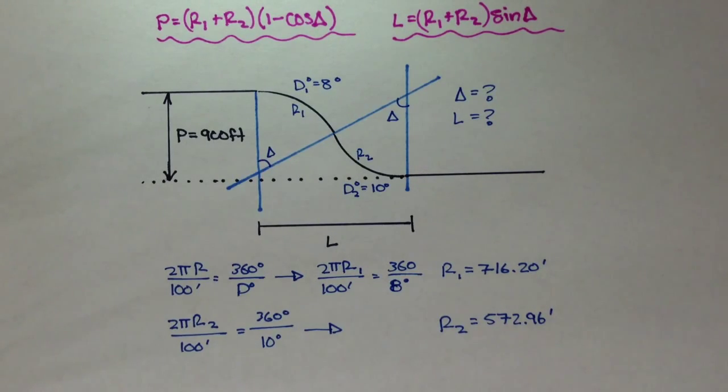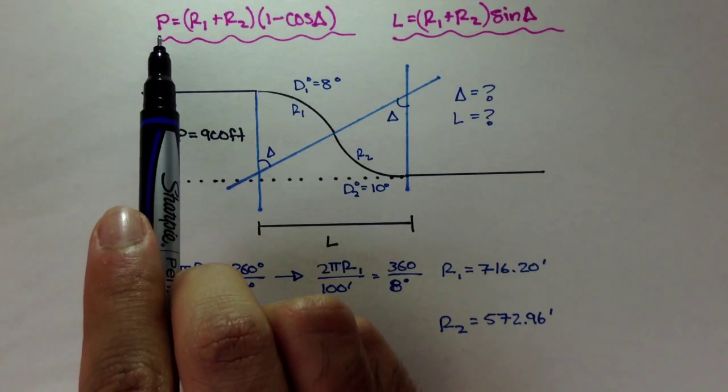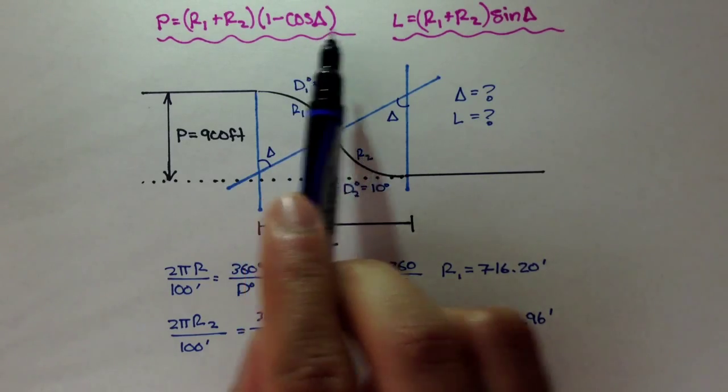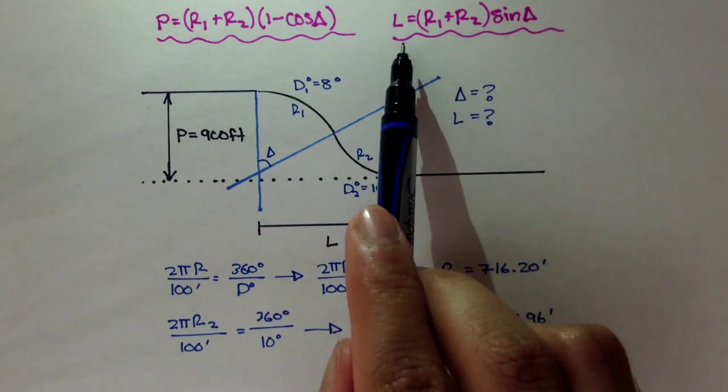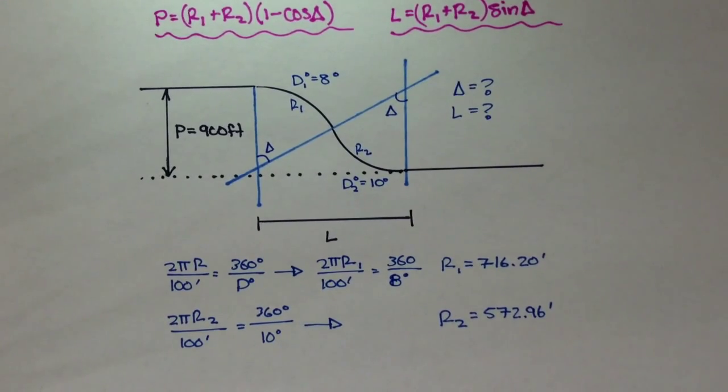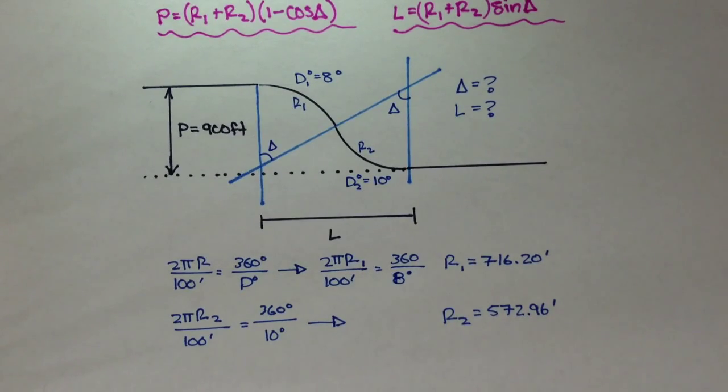We can use this information to figure out the value of the interior angle, and what the transition length L is. Okay, so let's do that. Since we have radius 1 and radius 2, let's use the first equation to come up with our interior angle. So down here, let me do that in orange.